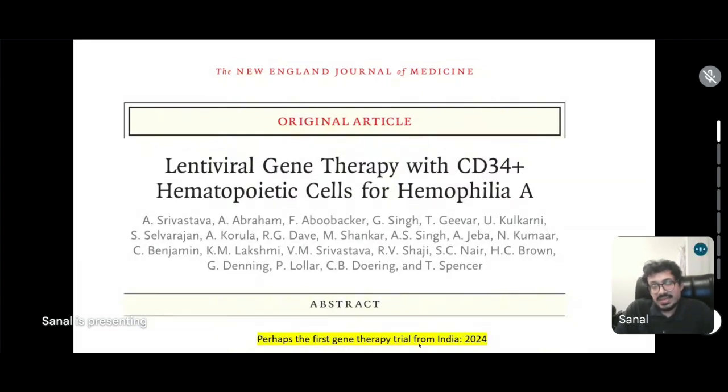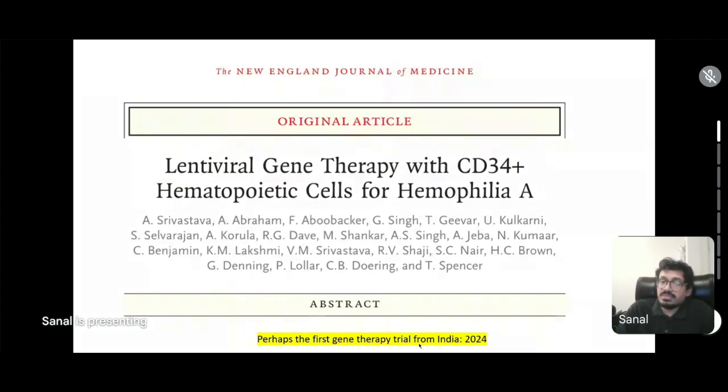So what is usually done is that the patient's existing bone marrow is ablated or killed. That means these patients undergo a total bone marrow depletion. This was originally done by exposing the patients to severe radiation, X-ray radiation or gamma radiation.